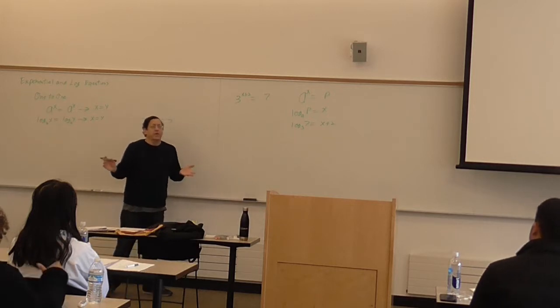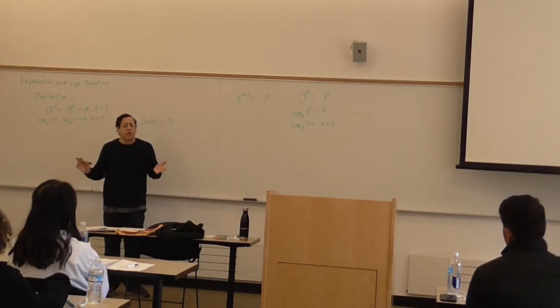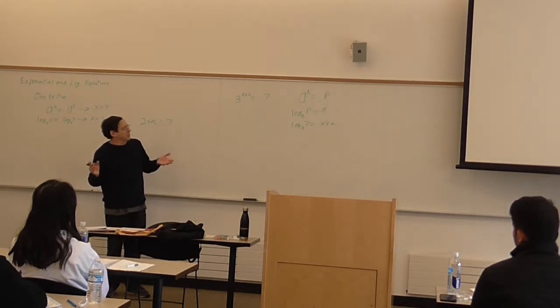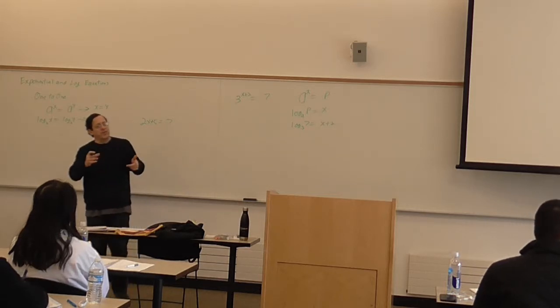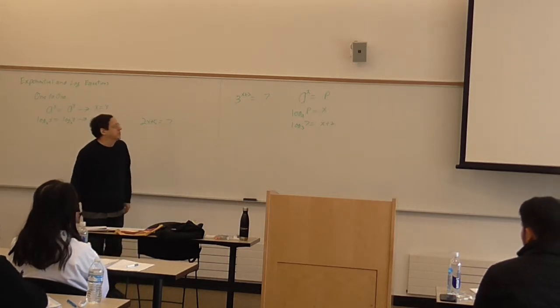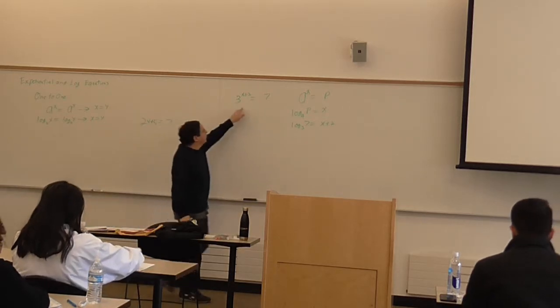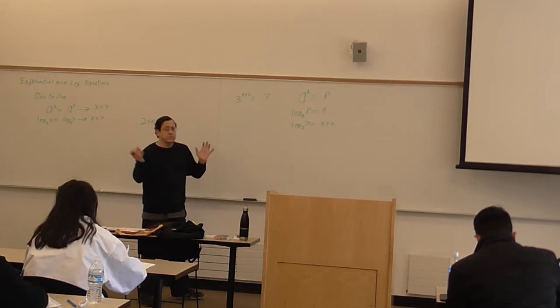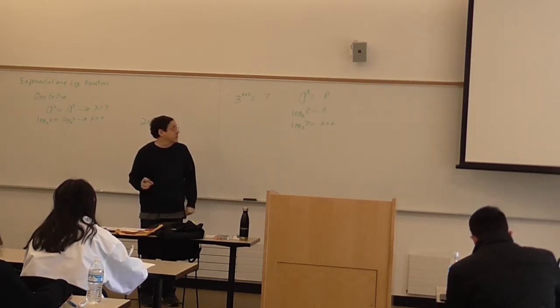Okay, that's one way to do it. That's why I made you repeat exponential functions. Now, log functions are the inverse function of it. So this is just writing the expression using the inverse function.